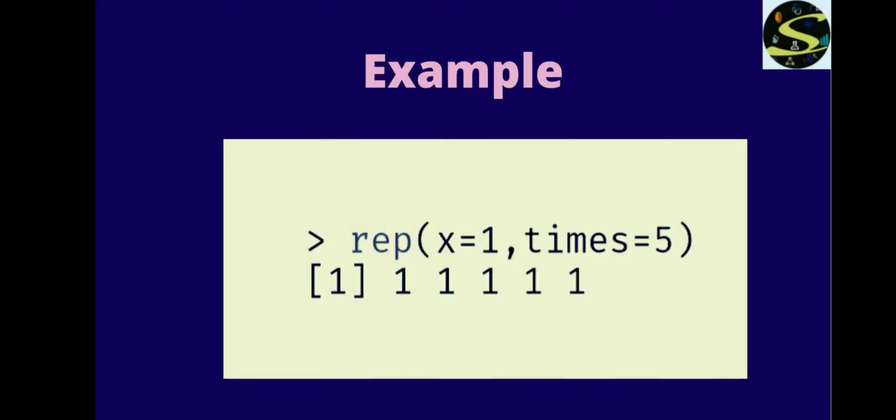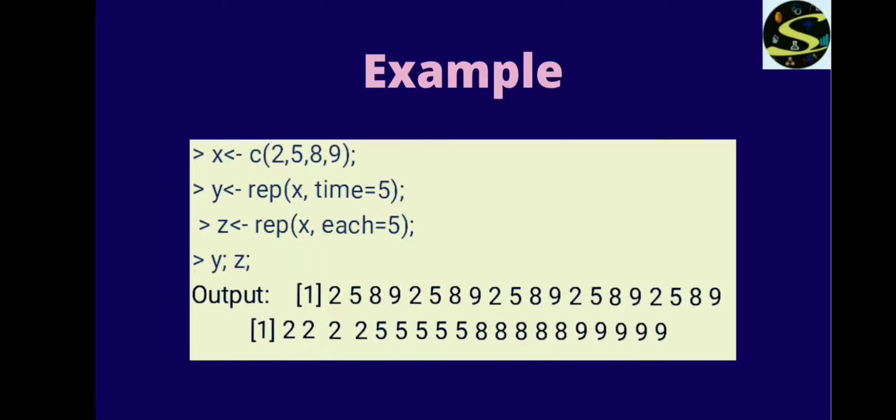Here's another example where I used the rep function to create a vector by using a vector. First of all, let us create a vector x which is assigned the values 2, 5, 8, 9, and then you can observe here I used two types of arguments. One is times equal to 5.